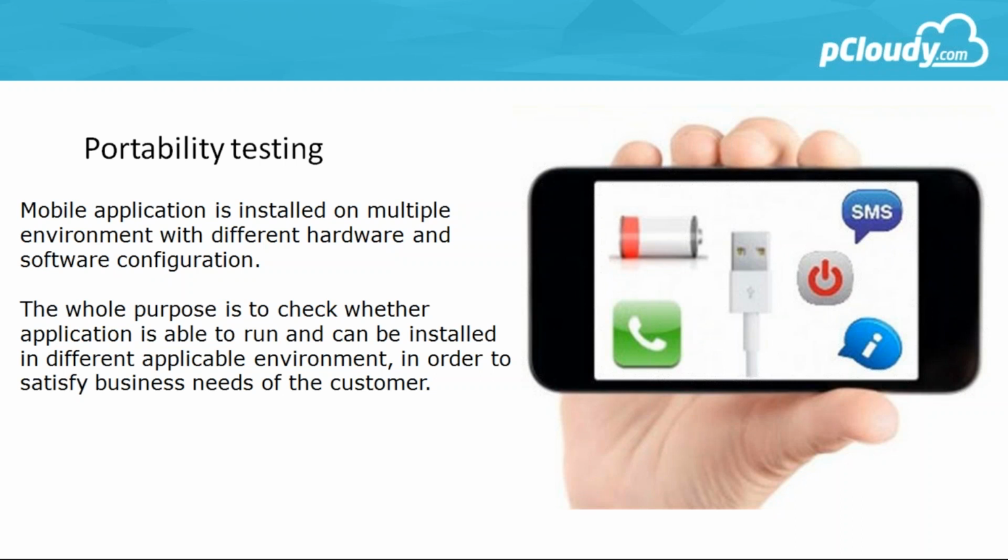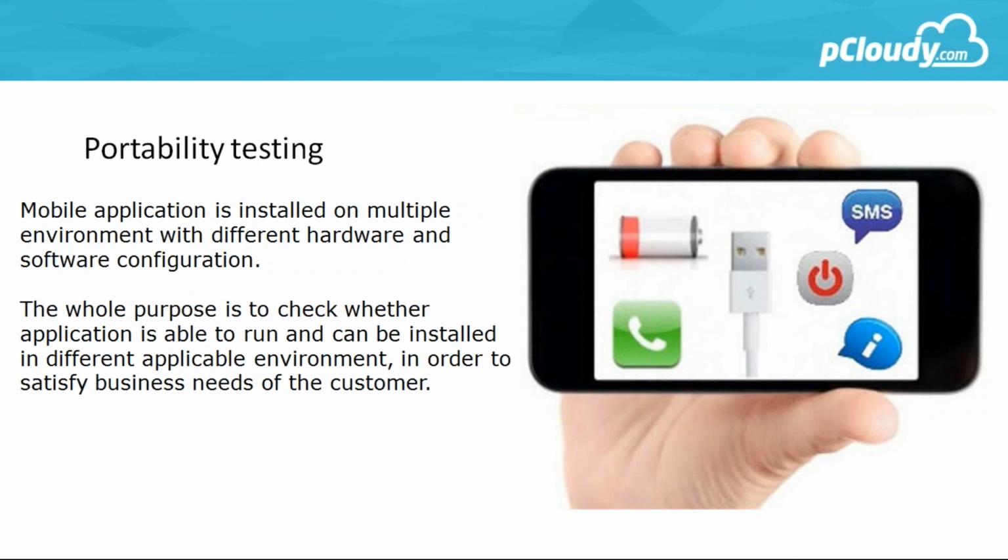The application also needs to be tested on different browsers. If you are using web apps, you have to make sure that your application is supported on different browsers, because for mobile platforms we have a whole lot of browsers available in the market. So we have to make sure that your web app indeed works on all such browsers.